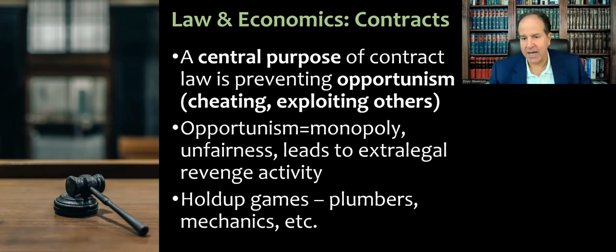Opportunism leads to unfairness, and it leads to the risk of extra legal revenge activity, right? So I want you to imagine a society where we don't really have functioning courts for contracts, and you're going to be left without recourse. A lot more people are going to take the law into their own hands, so to speak, and that's very dangerous and costly, right? If you have to imagine a world where you have to have a shootout to resolve every dispute, you go to a restaurant and order something and you don't like what they bring you, your food is cold and you send it back, and now you have to have a duel over your lunch, right?